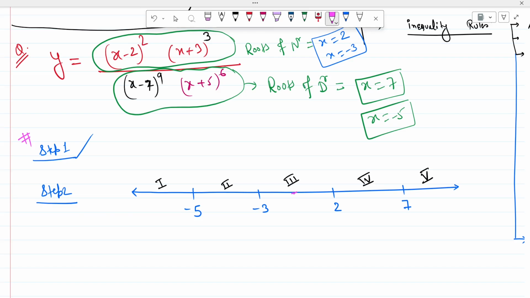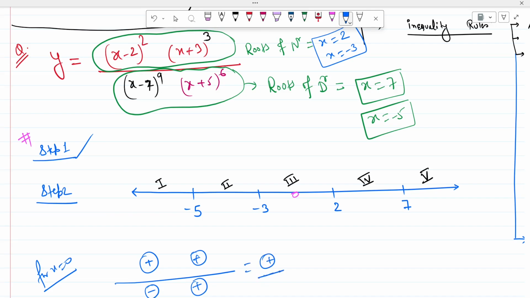I think it is in the third region. For x equals 0: 0 minus 2 whole squared, positive; 0 plus 3 whole cube, positive; denominator, 0 minus 7, negative, and power odd, negative; 0 plus 5, positive. So positive upon negative, we get negative. So in the third segment, we have the sign negative.